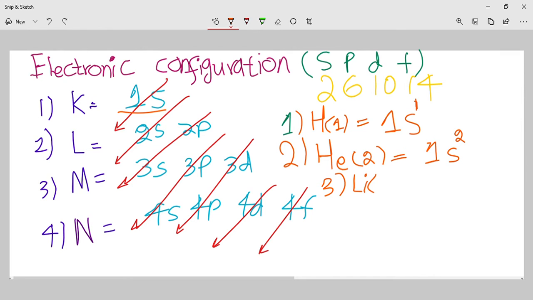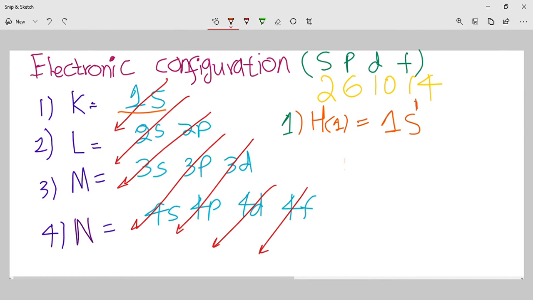Now we will do the electronic configuration of a few other elements so that it will be easy for you to do the rest of them. Let's take the example of neon. First of all, we know that its atomic number is 10.